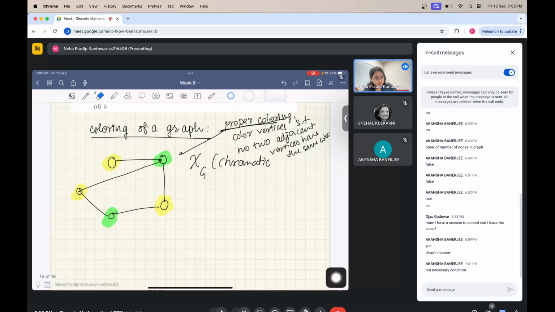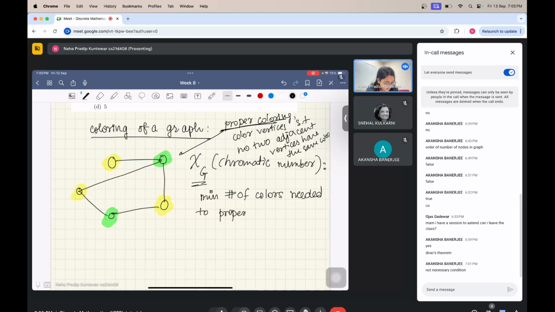This is what a proper coloring means. And what is a chromatic number of a graph? A chromatic number is simply the minimum number of colors needed to properly color a graph G. So in this case, the chromatic number of this graph is 2, because I can color it with 2 colors, but I can't color it with 1 color, because if I use yellow here again, then I'm violating the proper coloring condition.